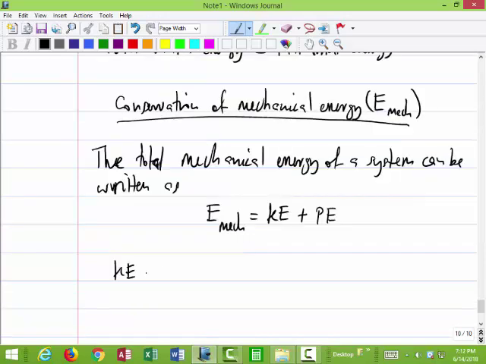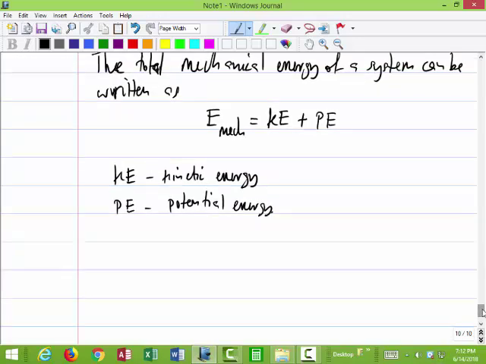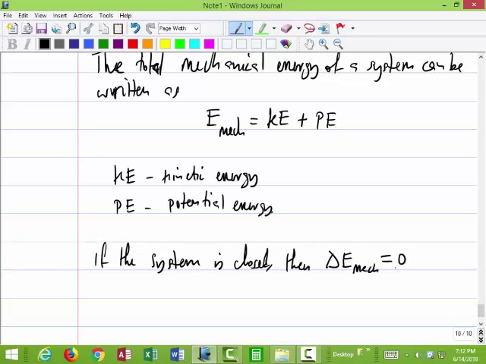In this formula, KE is kinetic energy and PE is potential energy stored in the system. So this is the total mechanical energy of the system. If the system is closed, then any change in total mechanical energy is equal to 0. Change in mechanical energy is written as delta E mech. That should be equal to 0. This means the energy of the system is conserved.